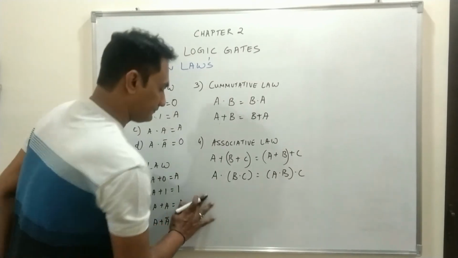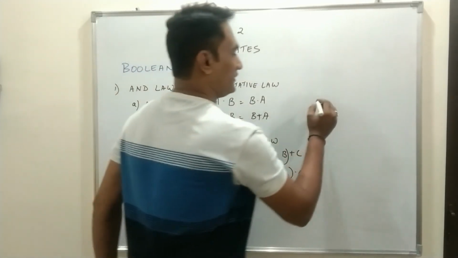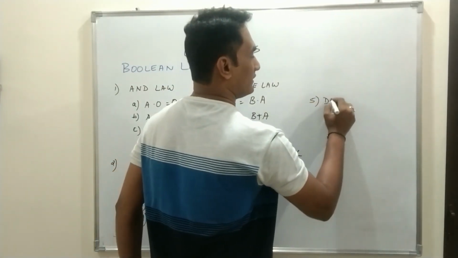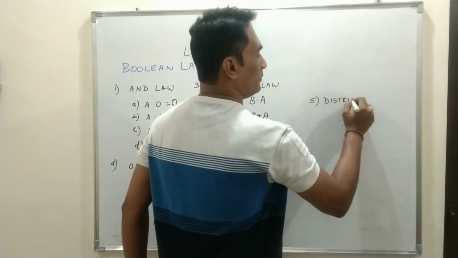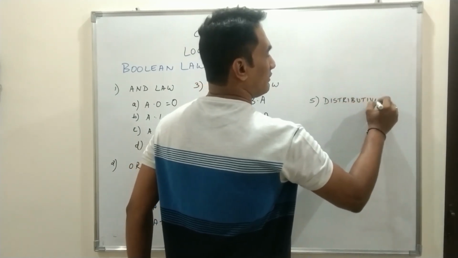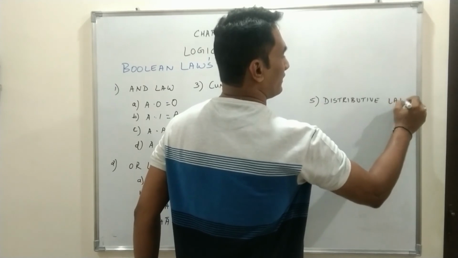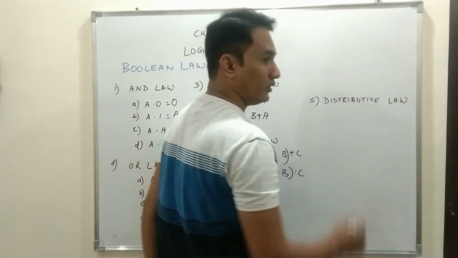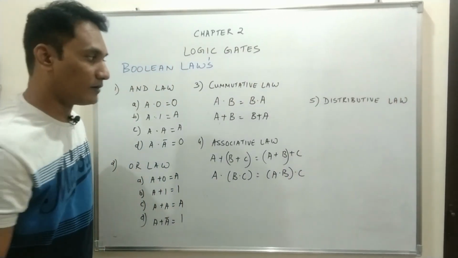Next, the fifth one is called as distributive law. This is again a very important law. We will be going to use it in several problems.